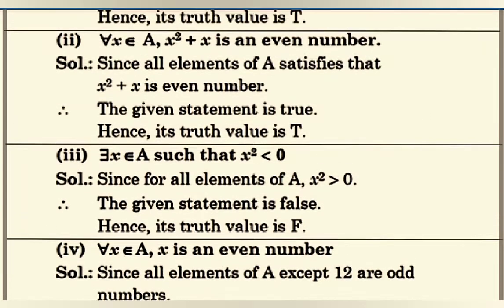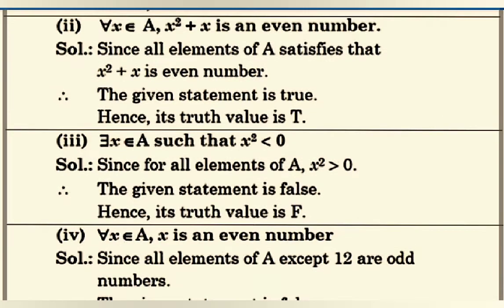That means when we put a value in x square, for example x equal to 3, then we get 3 square means 9, and 9 is not less than 0, it is greater than 0. So the given statement is false. When we put all elements of set A, the statement is false.